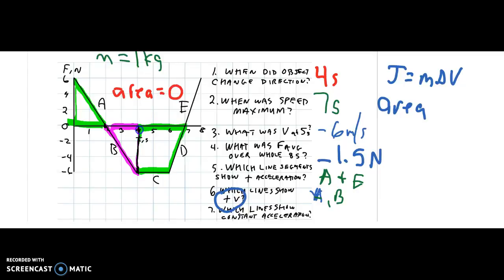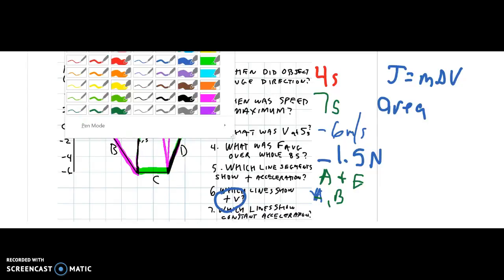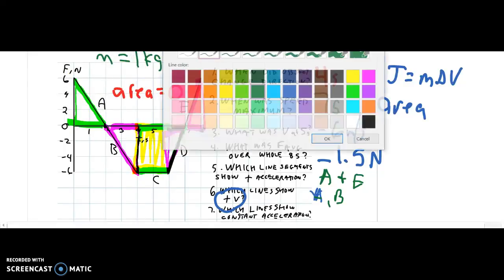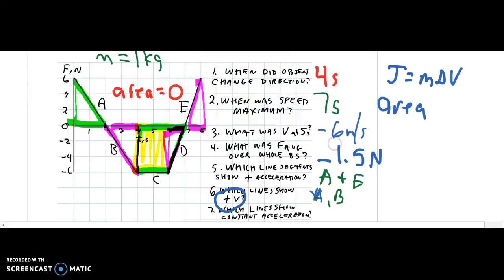This all is a negative area, so a negative velocity. The top section here cancels away some of this, but what is my net area? Still negative, and that was in this section right here. So going back, that one is going to give me always a negative area, so I guess it's just A and B in this problem.